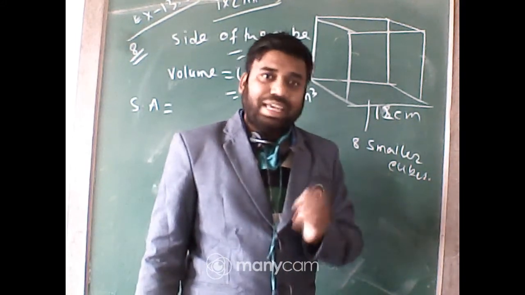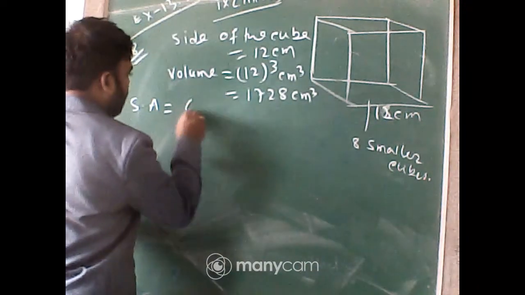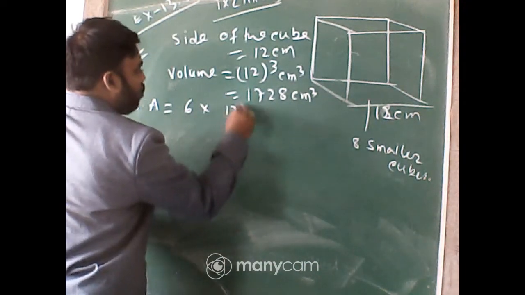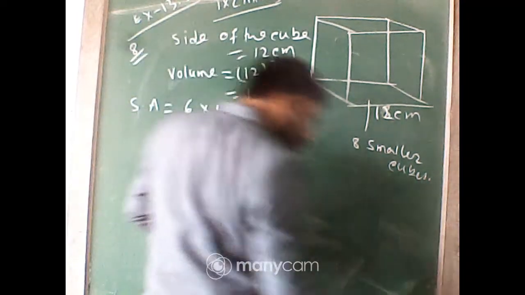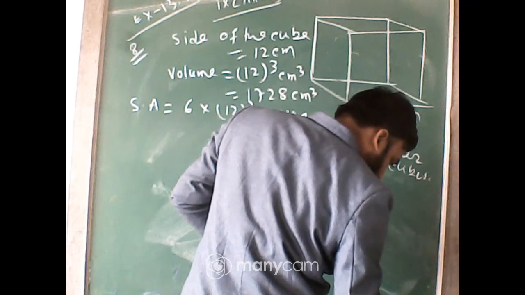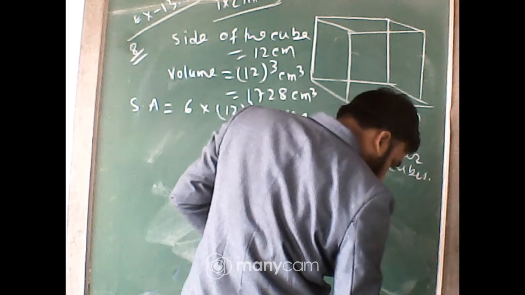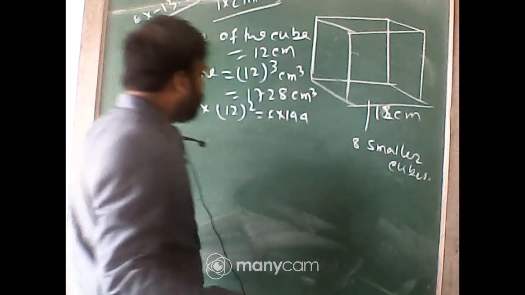Okay, 6a square or 6 into side square. So 6 into side means 6 into 12 square, 6 into 144. What will be the value?